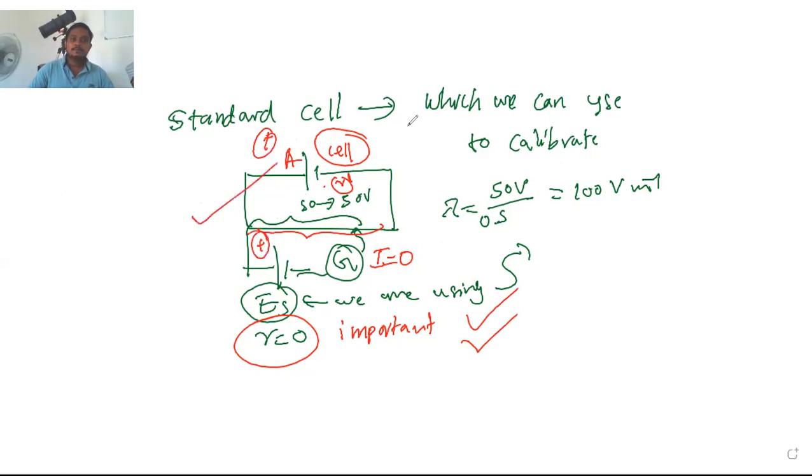That is correct. The cell needs to supply current to the jockey. Yes, that is also correct. The thing that is wrong is ES must be greater than E. There is no connection between that. Answer is A.